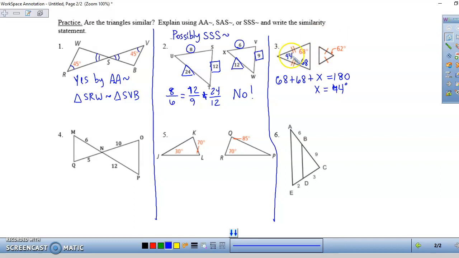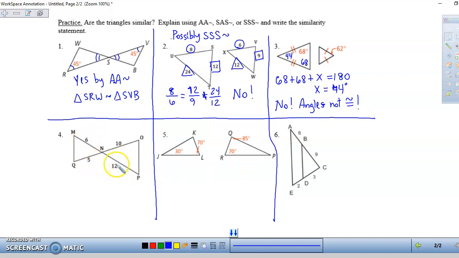And so now I know that this triangle and this triangle couldn't possibly be similar because their angles are not congruent. There's no 62 degrees in this other triangle. So you'd say no. And then you could even explain further, angles are not congruent. Angles must be congruent for the triangles to be similar.